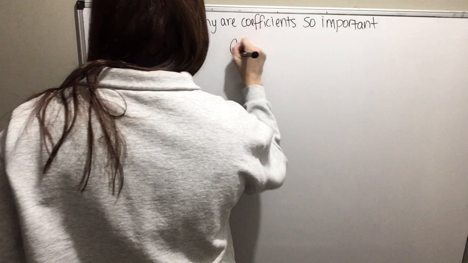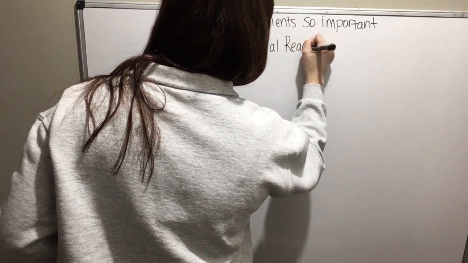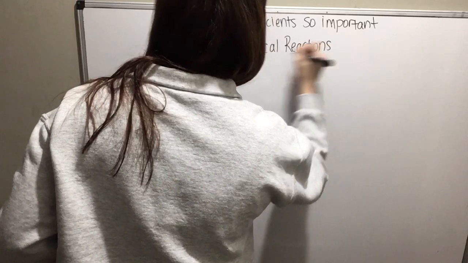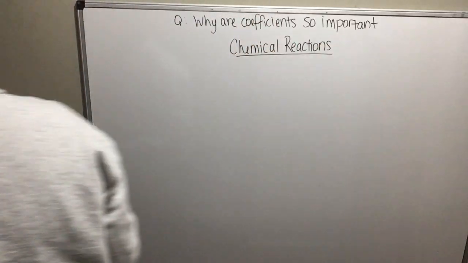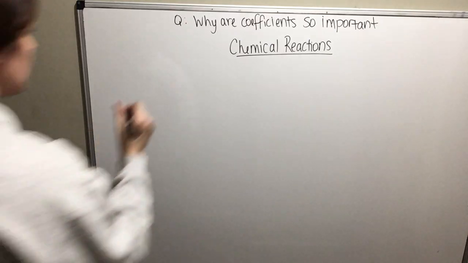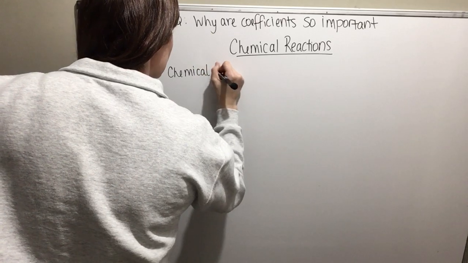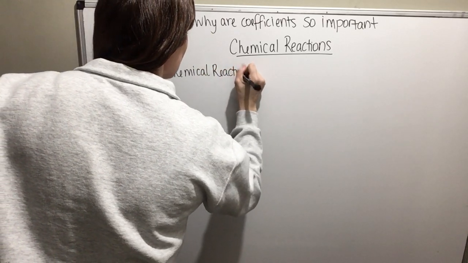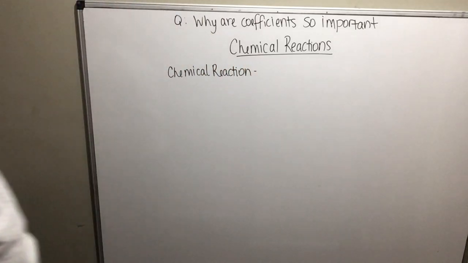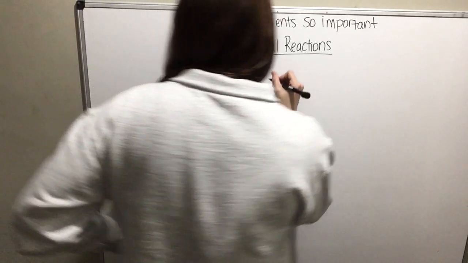Your heading is chemical reactions. And so we're going to do some definitions first. The first definition is, what is a chemical reaction to begin with? A chemical reaction is a reaction in which one or more substances are changed into new substances.